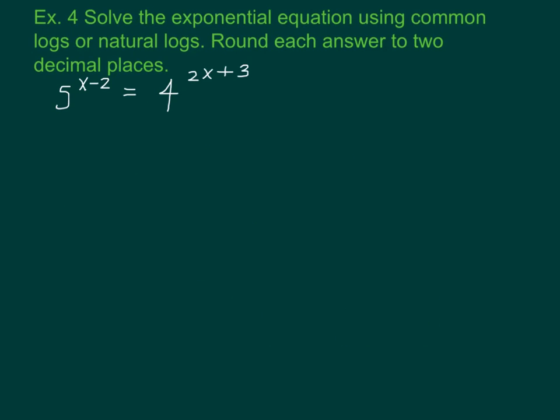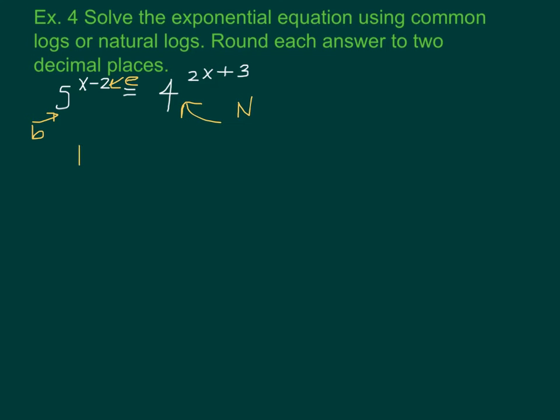Now the last example is a little different because we have an x on both sides. So what we're going to do is choose which base to work with. I'll just use the left base. Base, exponent, and this whole thing is the number.